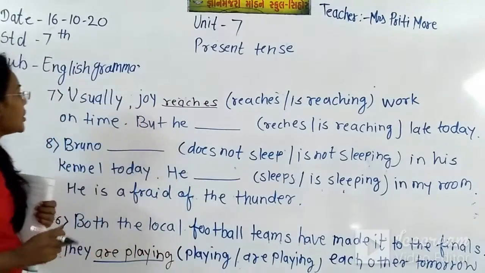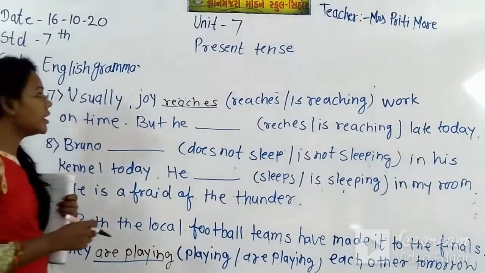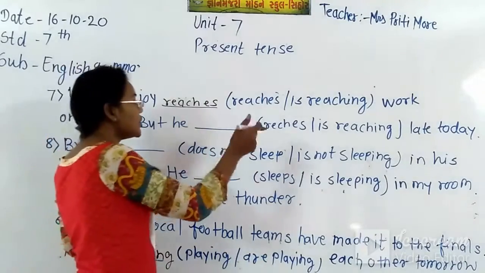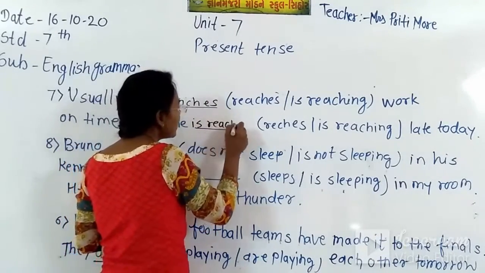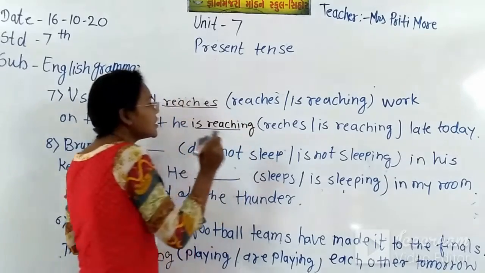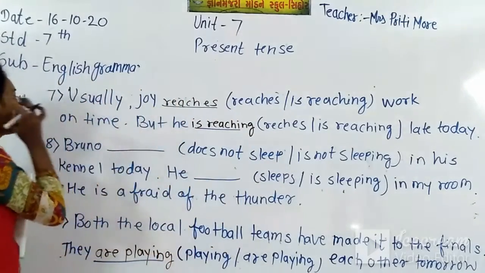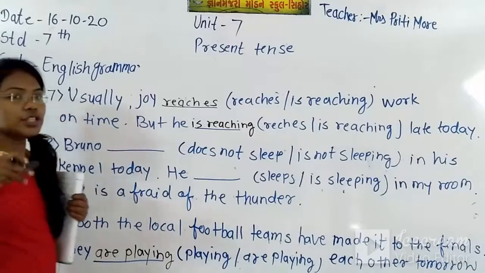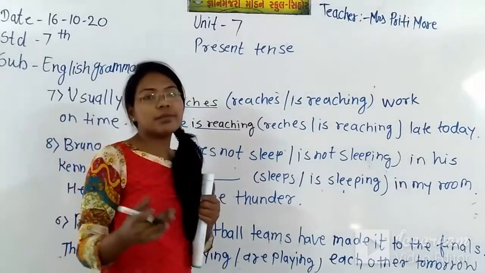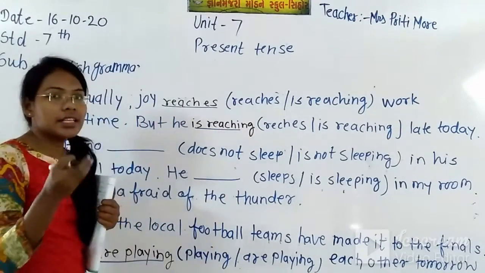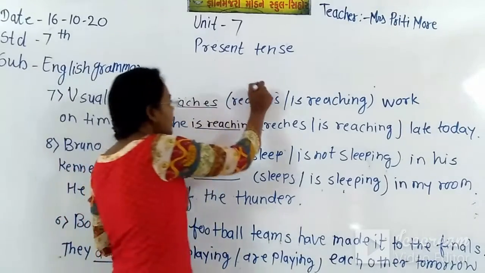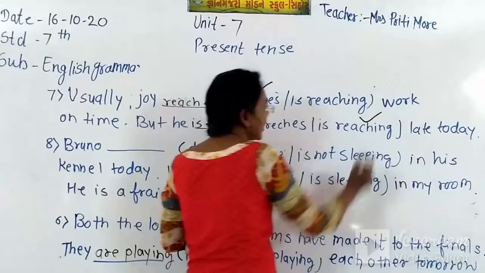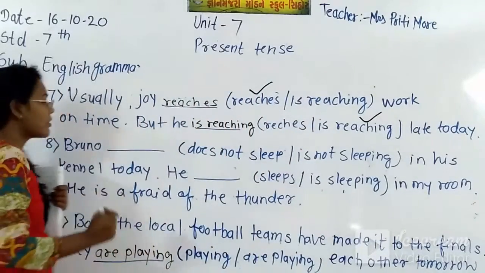Usually Joy reaches work on time, but he is reaching late today. That means the near future. Today the thing will be happening. To say the near future also we use the present continuous tense. So in the first one reaches and in the second one is reaching is correct.